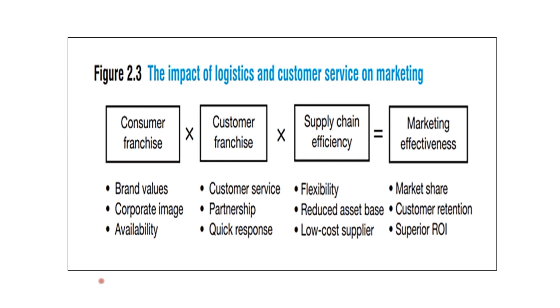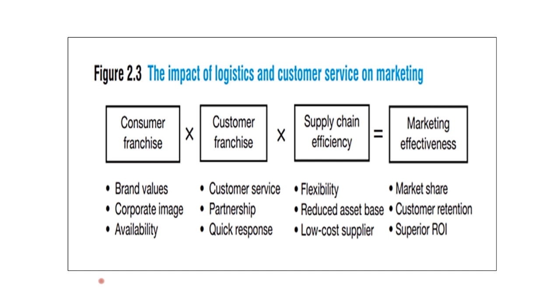So sinasabi lang dito that, for example, the consumer franchise, most likely ang tinitingnan is the brand values, the corporate image, and the availability. So yun yung mga nagiging impact. Tinitingnan nila yung brand ng isang products or services. So same with customer franchise, customer service, partnership, and quick response.